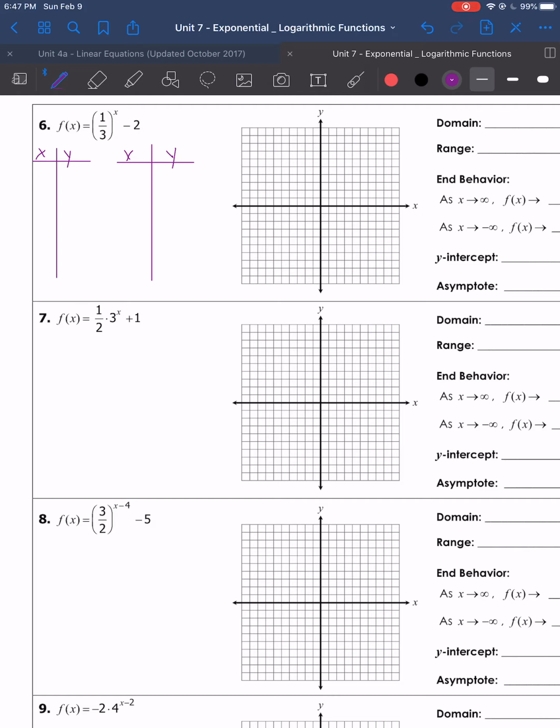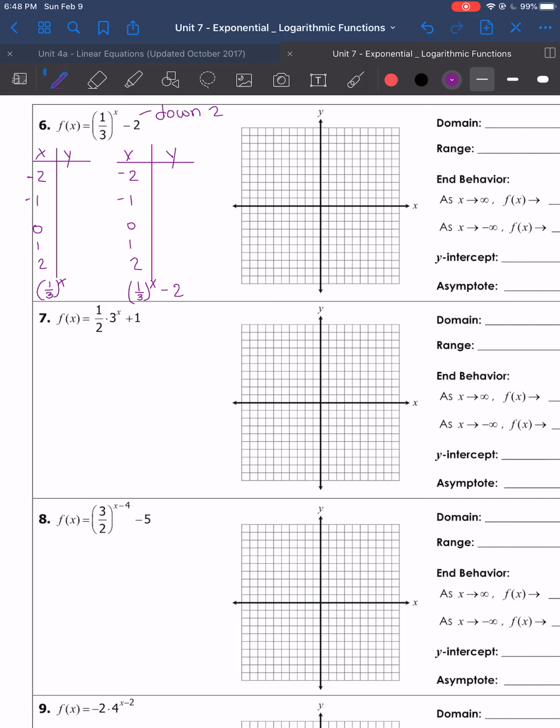So this will be 1/3 to the x, and this will be 1/3 to the x minus 2. Let's stick with our -2, -1, 0, 1, and 2. This time, since it's going down 2, it's going to change our y's, not our x's.